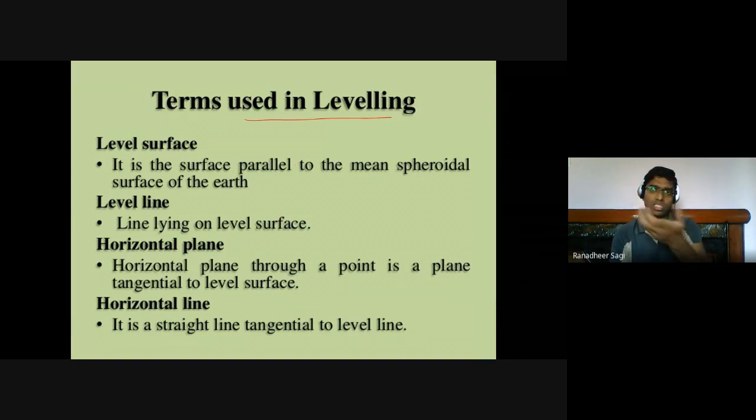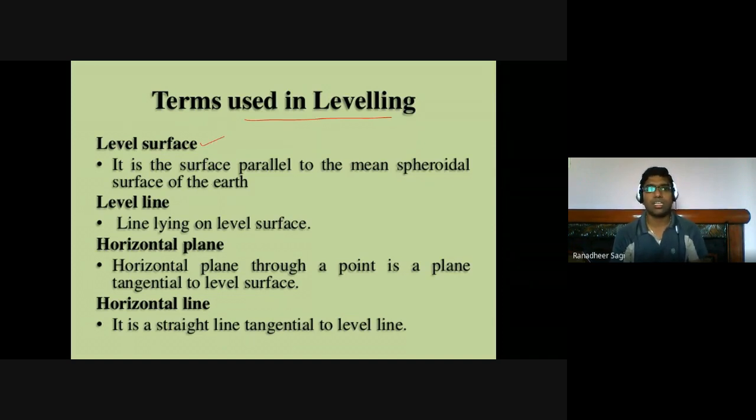And once those level readings on the leveling staff are read, how that data is to be used for determining different elevations, we'll talk about later. First, let's start with the basic fundamental terms we are required to know before we get into what is leveling and how we determine the levels of various points.